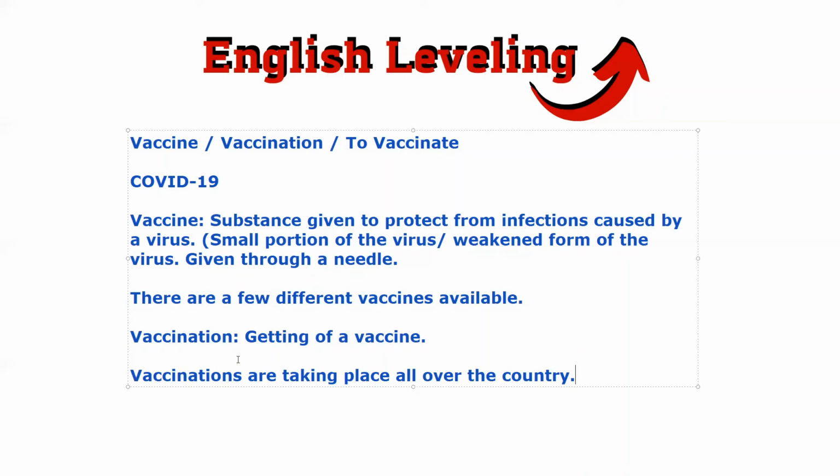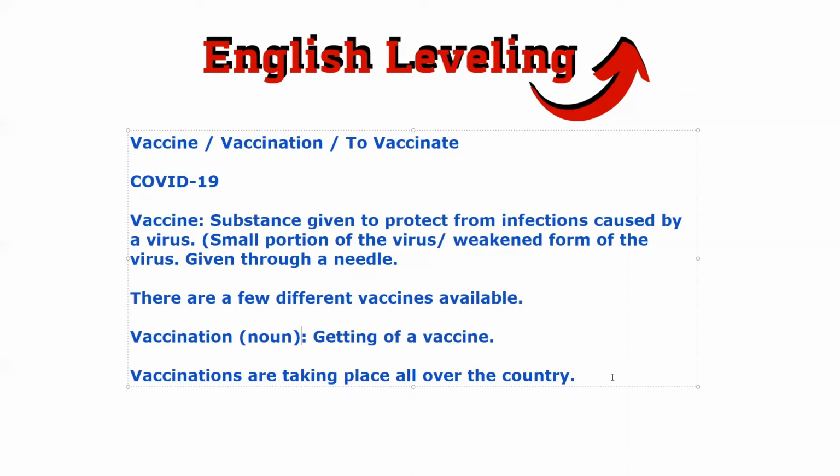So in this way, these two nouns are used differently. This is more about the action of getting the vaccine, but it's still a noun. Just keep that in mind, still a noun. And we use it in a sentence like this: vaccinations are taking place all over the country. That's a good example of how we would use this type of word.